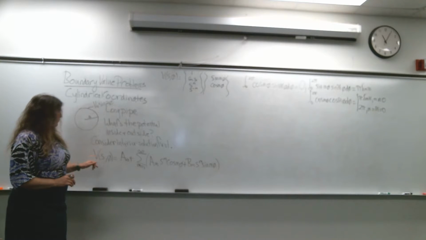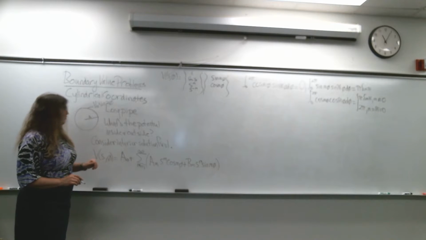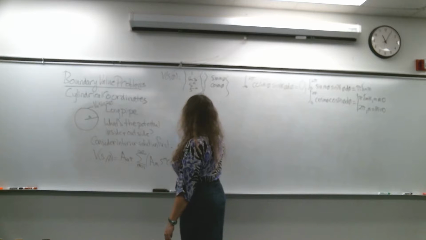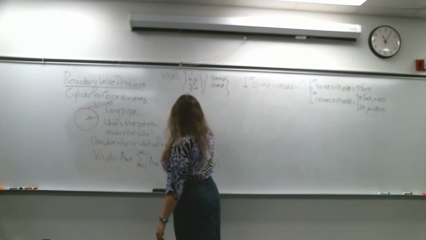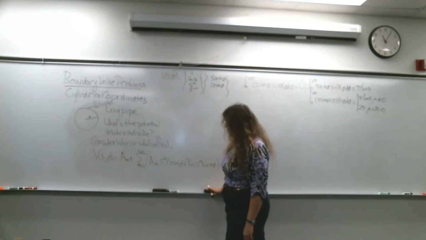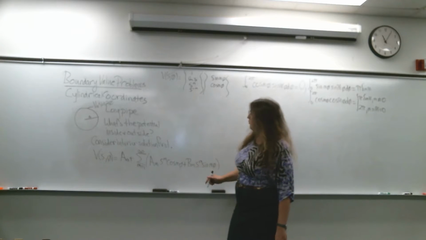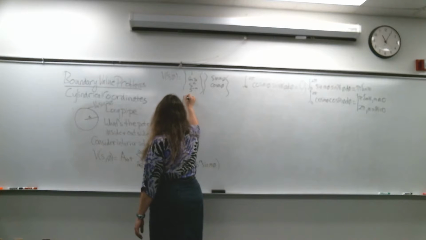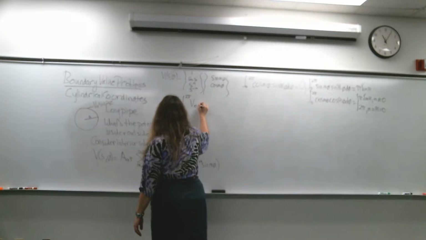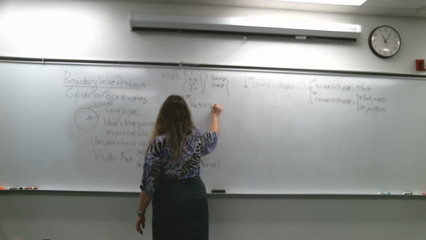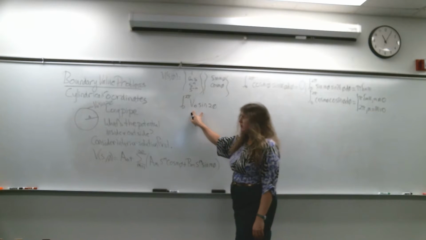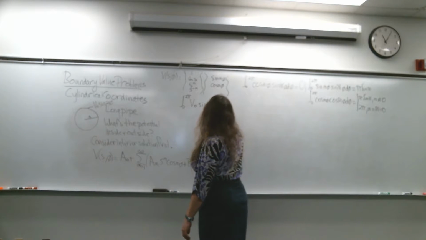Okay, so let's determine what these coefficients are. Let's look at A naught to begin with. Let's see if I just integrate from 0 to 2 pi. And this is the value of the potential on the surface of the pipe.